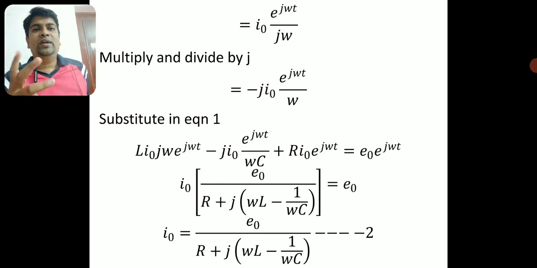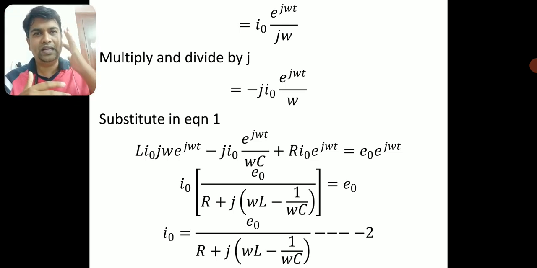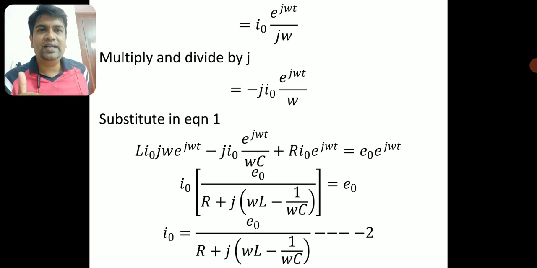Now what I am doing is multiplying and dividing the entire expression by j. If I do that, I am not making any difference here. So j will be written in the numerator. The denominator will become j square, which is minus 1. I told you at the very first itself that the value of j square is minus 1. So in the denominator you will get j square, which I am writing as minus, and the numerator j I am writing as it is.